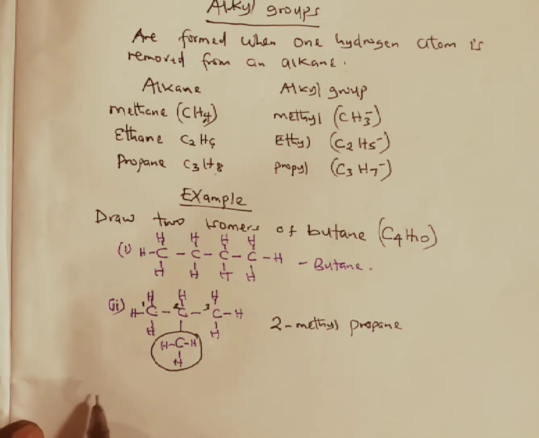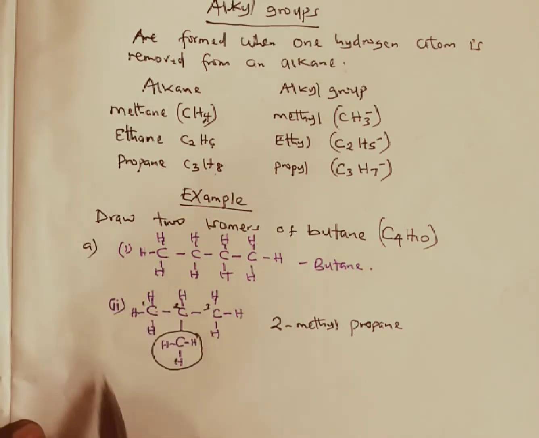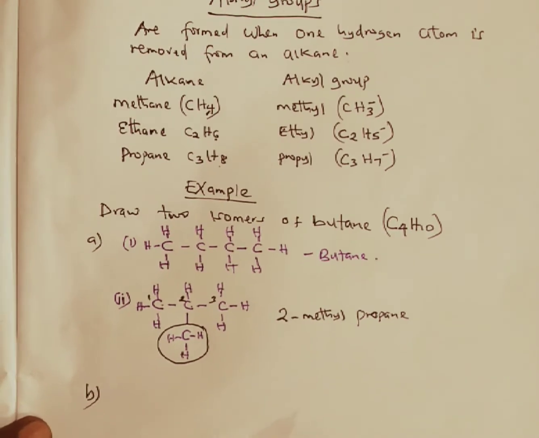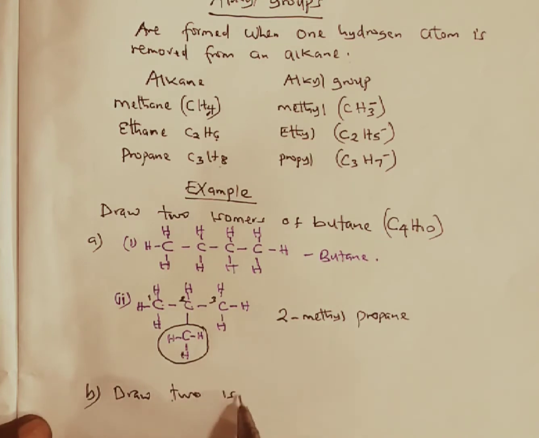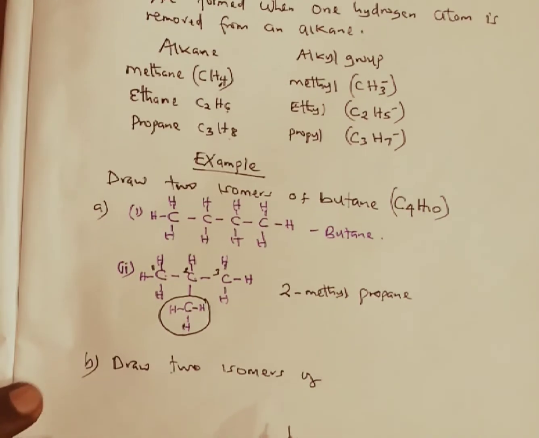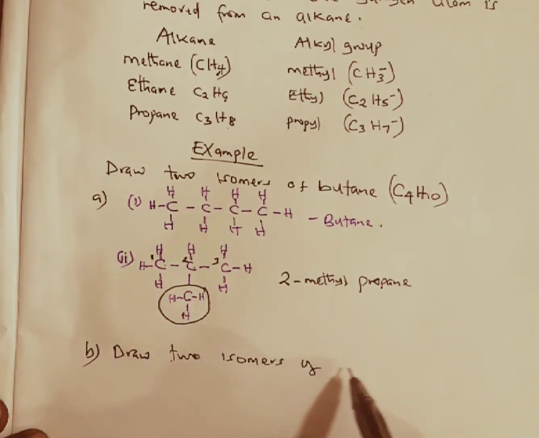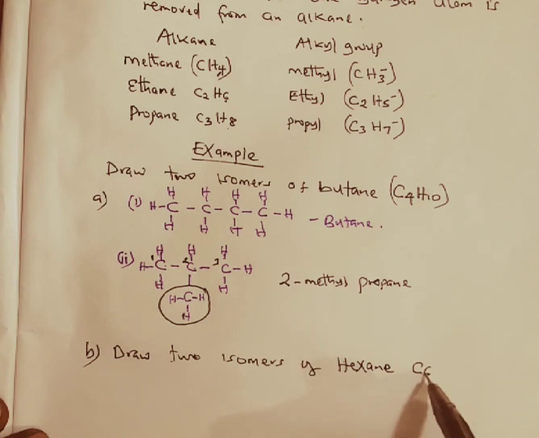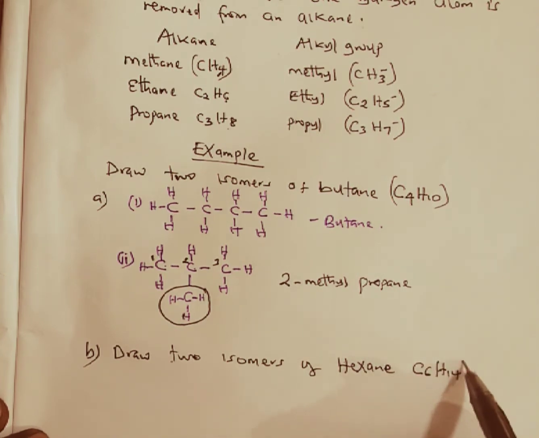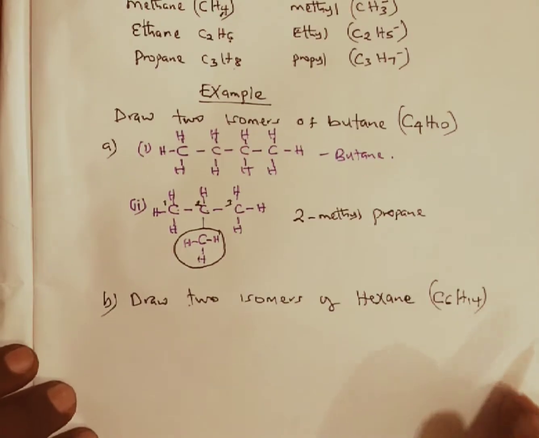So what if we call this one A? Then we have another example where we are supposed to draw 2 isomers of, let us say, a compound like hexane. Hexane has 6 carbon atoms, then 14 hydrogen atoms in this order.